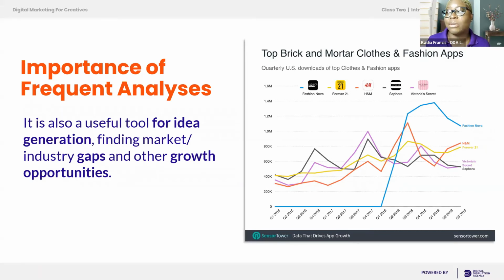And you're realizing that some of the biggest producers of milk, blah blah blah, they're not creating alternatives to milk. There's a gap there. How can I fill that gap? So it's a useful tool for idea generation, finding market industry gaps, and to create growth opportunities for your brand or business.